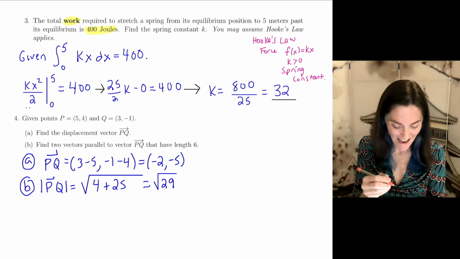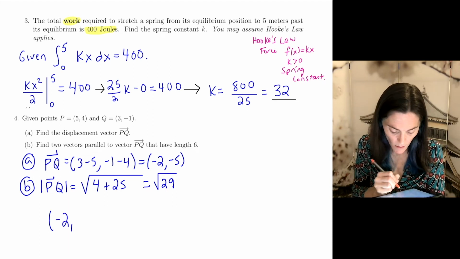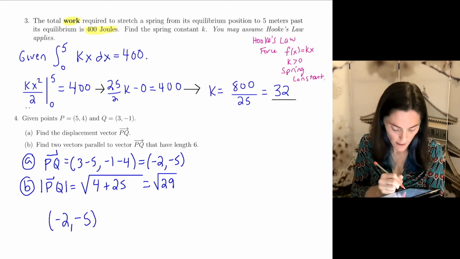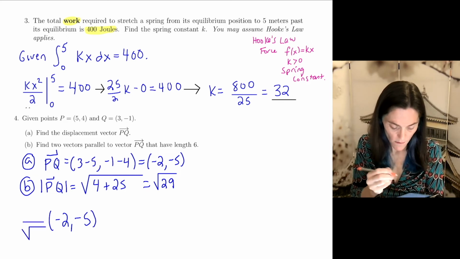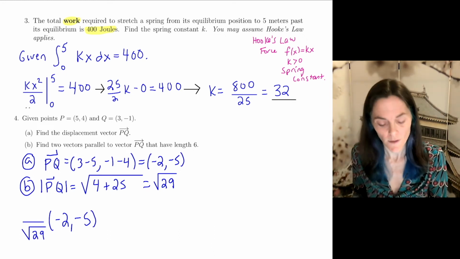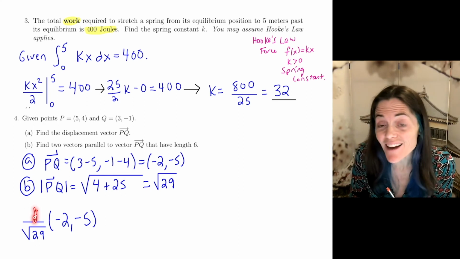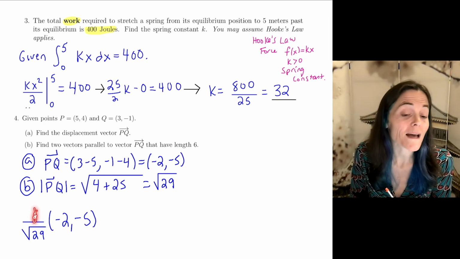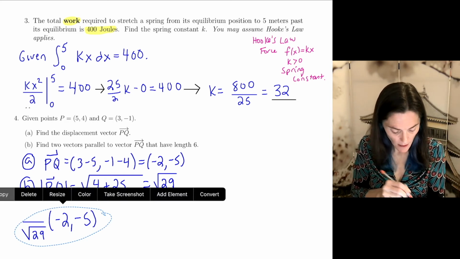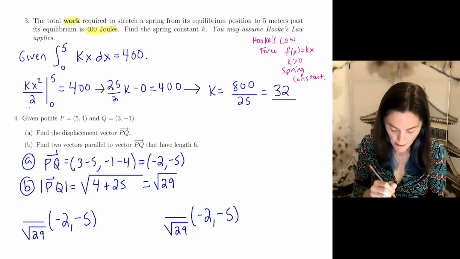I'm going to use that now because let me take here -2, -5, and take 1 over this. This is unit. If I put a 1 up here, I put a 1 here. This is unit. So how do I get a vector of length 6? Well, one option is just multiply this by 6. Let me copy and paste, because I need 2 of them, like I said.